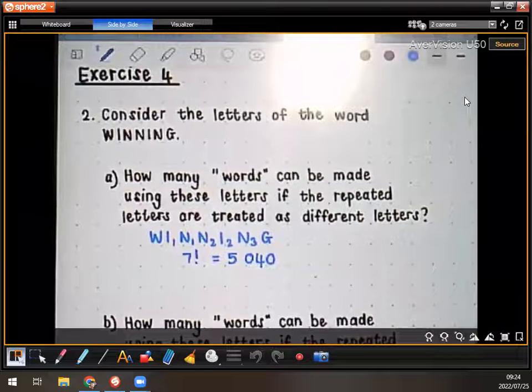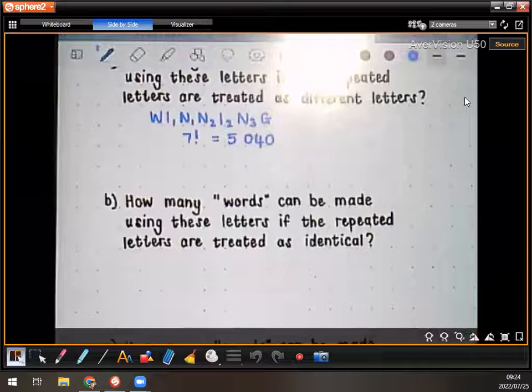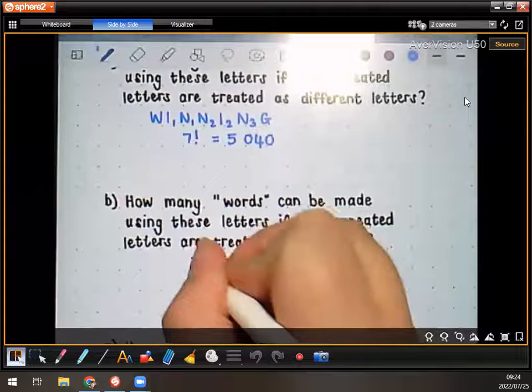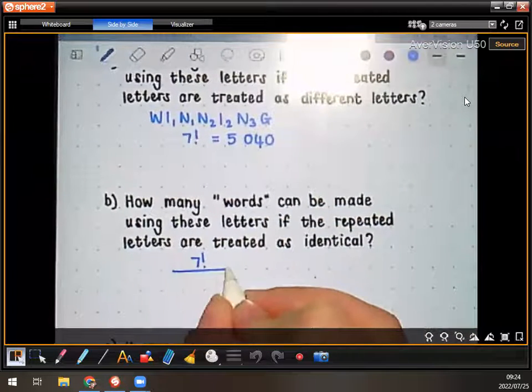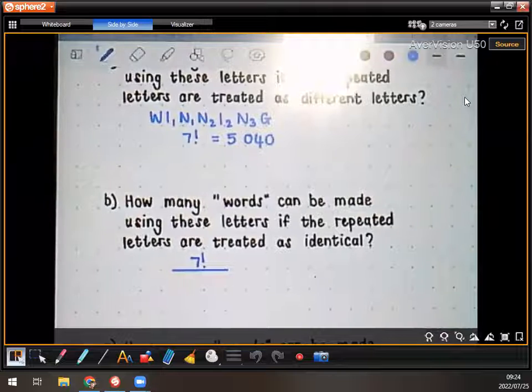All right, next up. Now, B is the question that actually makes sense. How many words can be made using these letters if the repeated letters are treated as identical? Which they are, right? Because an I and an I, if you swap them. So this is like the normal type of question, guys. So now we're going to say 7 factorial because there are 7 letters altogether. But now we need to think of the repeats.